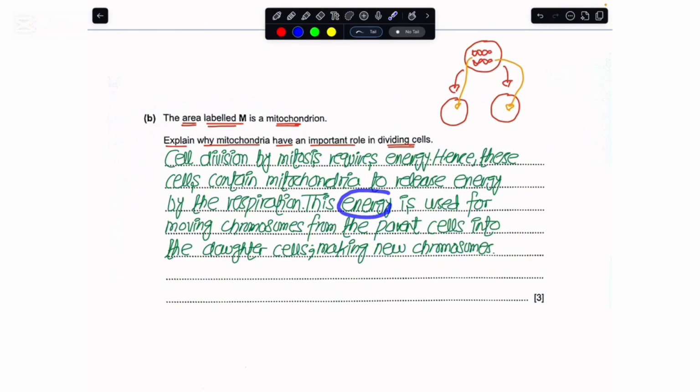So you would say that this energy is used for moving the chromosomes from the parent cell to the daughter cells, or you could also say that the energy released by the mitochondria is used to make the new chromosomes. So this is a separation that I have given you: either you could write this point or you could write this point as a substitute.